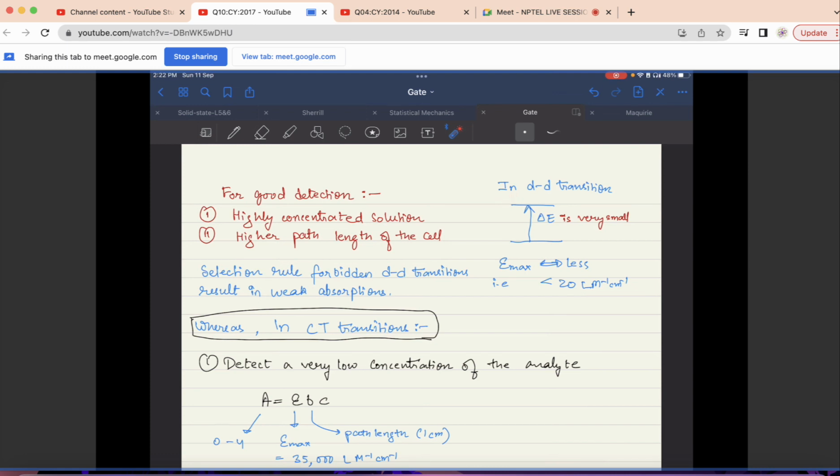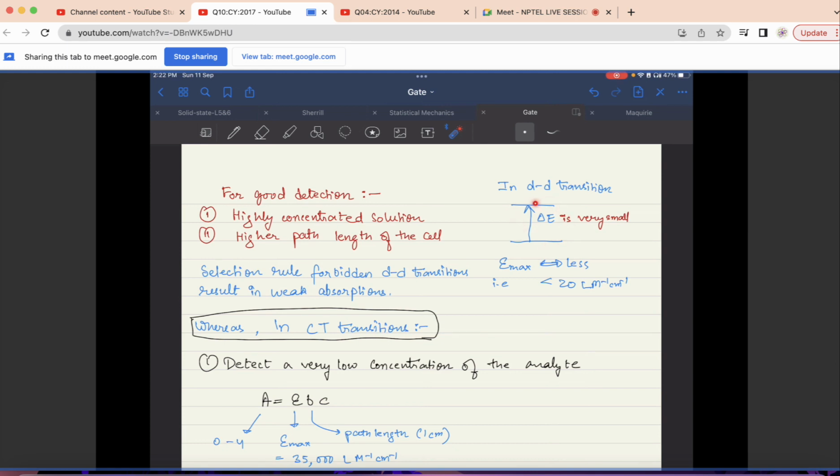But in the case where only dd transition is happening, we see that the delta E is very small for the transition to take place.